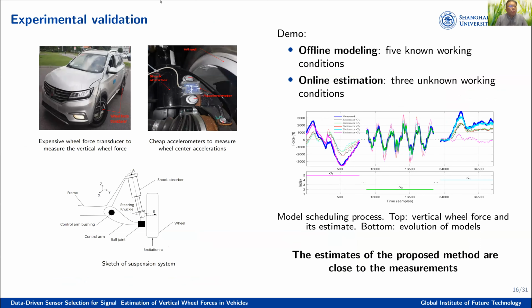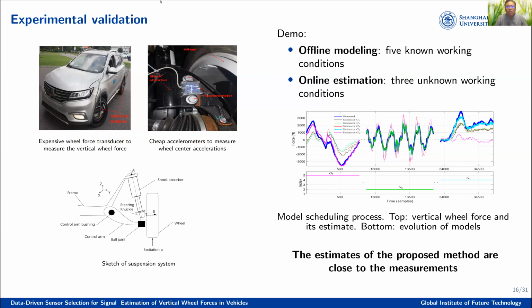Now, we also conducted experimental validation using a true vehicle, together with a sketch of the suspension system. The demo was conducted with 5 known working conditions, and we try to use them to identify 3 unknown working conditions.